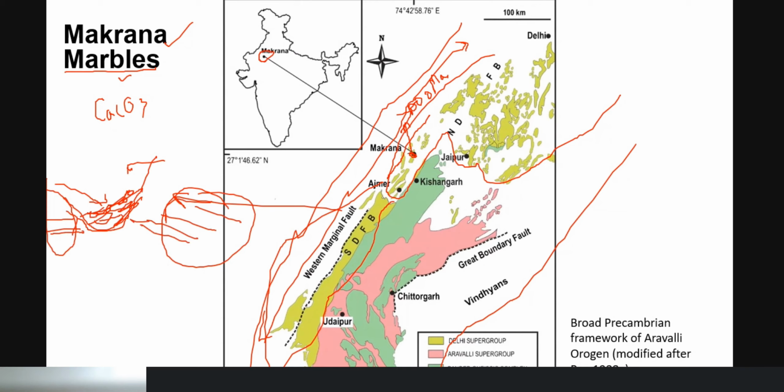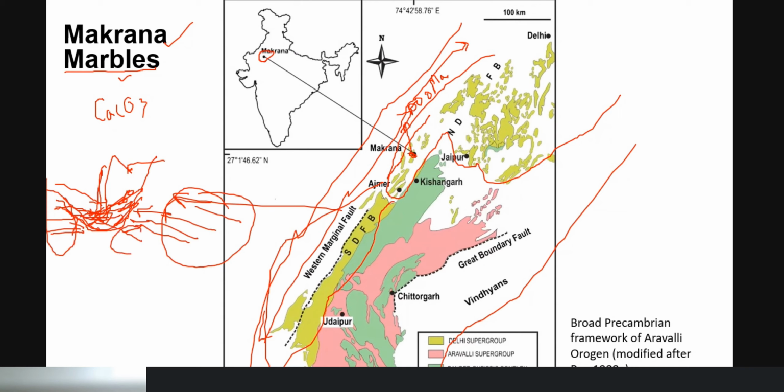Then what happened? These particular sediments went through intense pressure and temperature along the mobile belt, because these two plates were moving. And what will happen? This sediment will get metamorphosed, and this CaCO3 will get converted into marble.